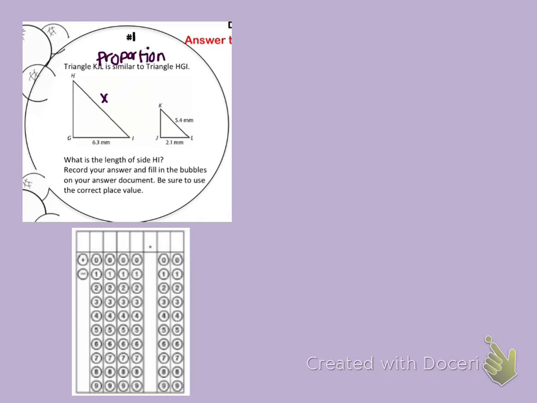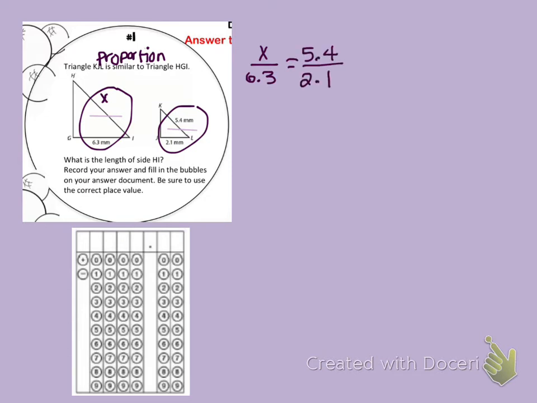Okay, and when we set up a proportion, remember there's two different ways we can write this. We can write a fraction bar between your two numbers and say that this is one ratio and this is the other ratio. So x over 6.3 equals 5.4 over 2.1, okay?